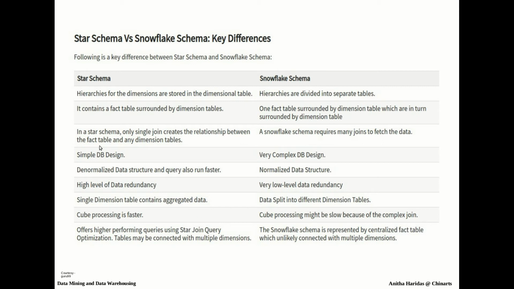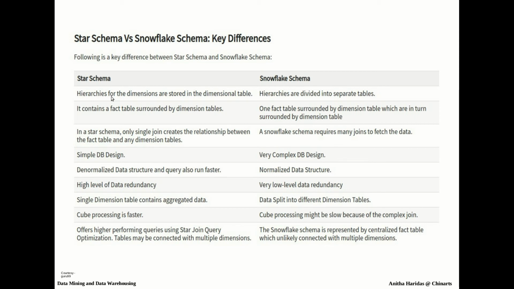Always your star schema is simple, whereas snowflake schema becomes a little bit complex because it is going to have a normalized data structure, but here it is going to have a denormalized data structure. And in the star schema, one fact table is surrounded by dimension tables, but in snowflake, one fact table is surrounded by dimension tables, which in turn are also surrounded by dimension tables.